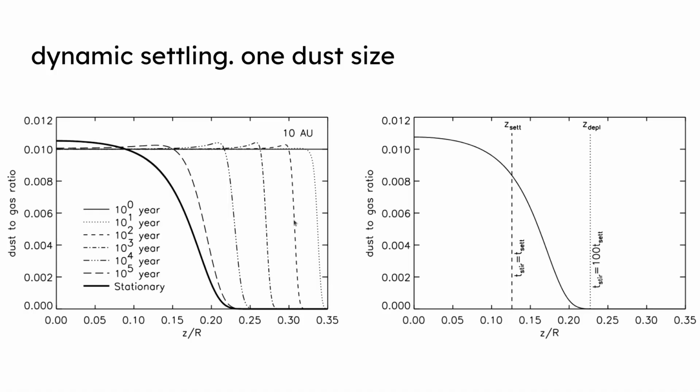This is what they note. And the reason for it being so sharp is that the velocity of settling decreases as you get closer to the midplane. Therefore, the dust from upper layers catches up with the dust from the lower layers, and they all move together as one wall.